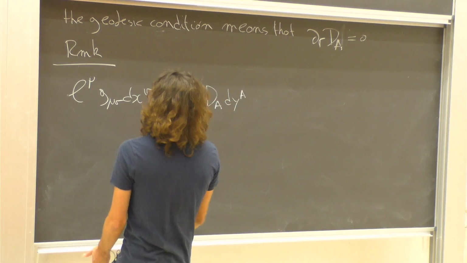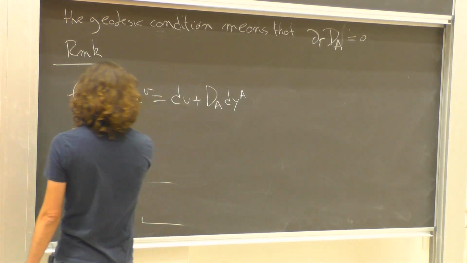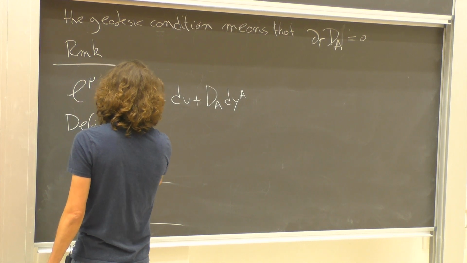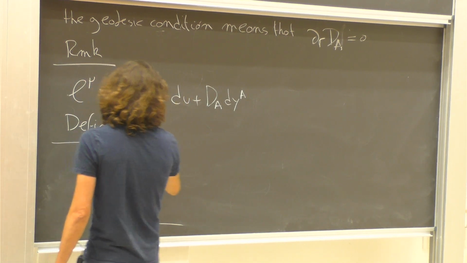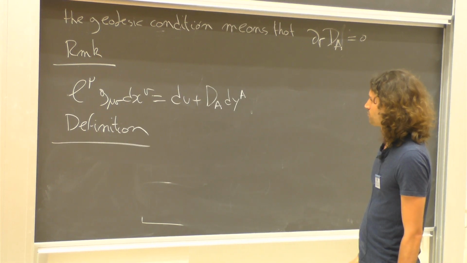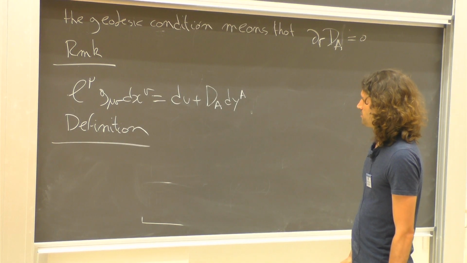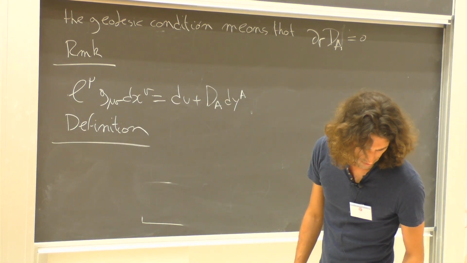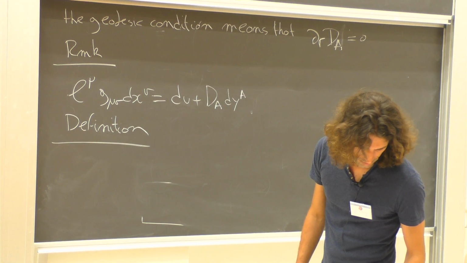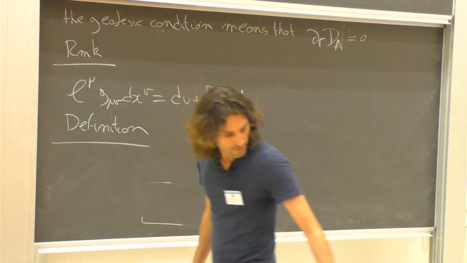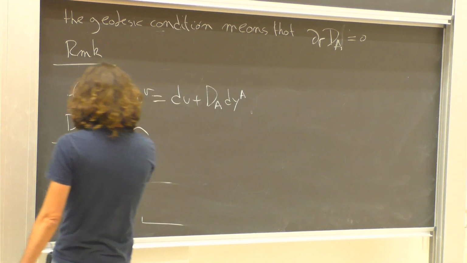So now we are going to look for a special type of null geodesic congruence. So you see, at this stage, why am I writing this? Now you'll see in the definition.